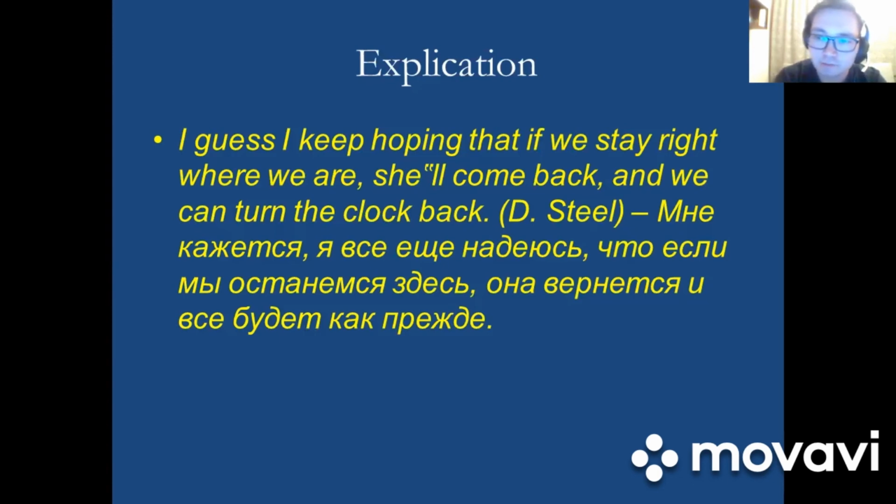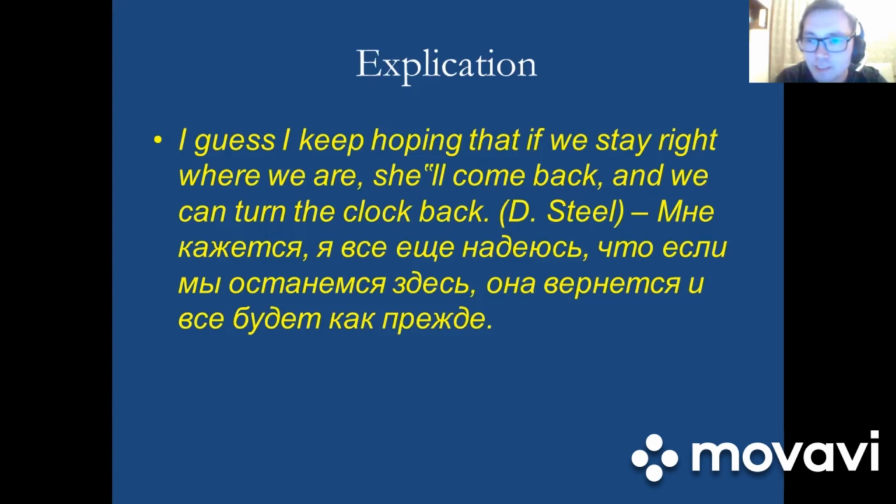So in the original, you can see that the metaphor "we can turn the clock back" cannot be rendered into Russian through literal translation or through another metaphor which has another image but the same meaning.